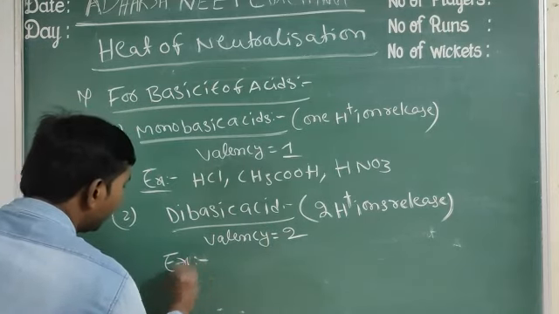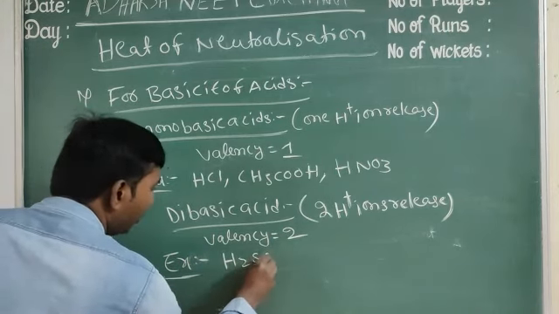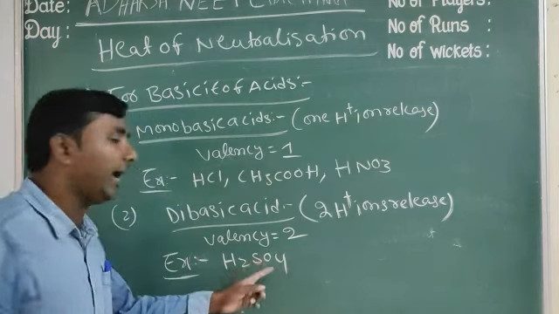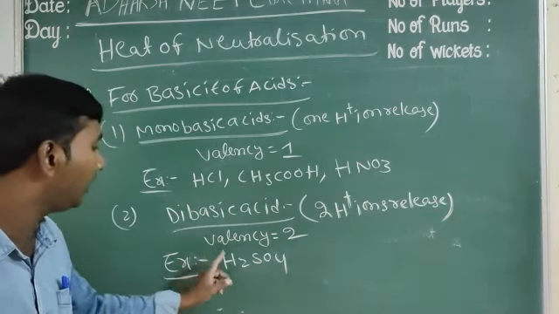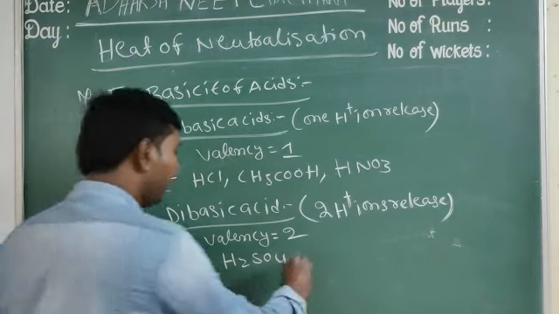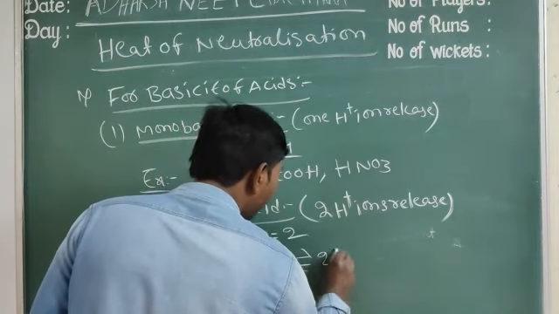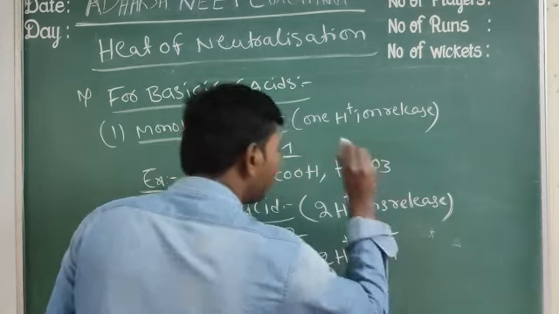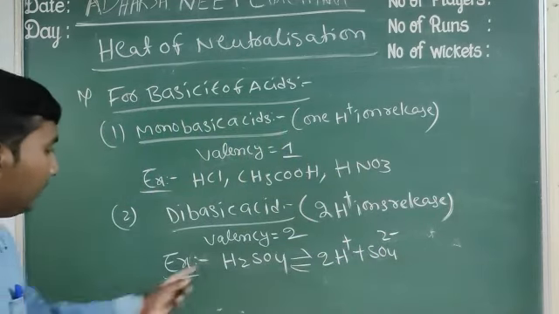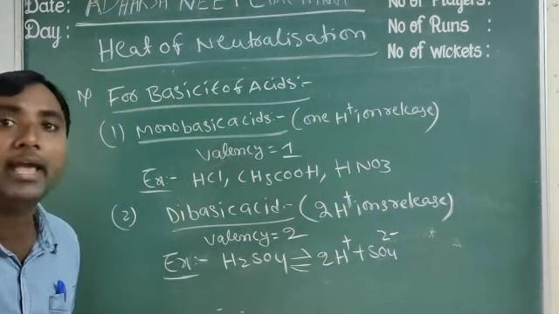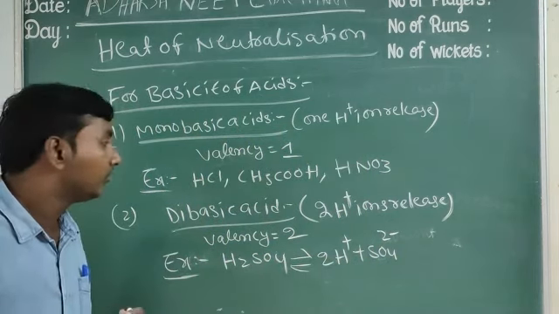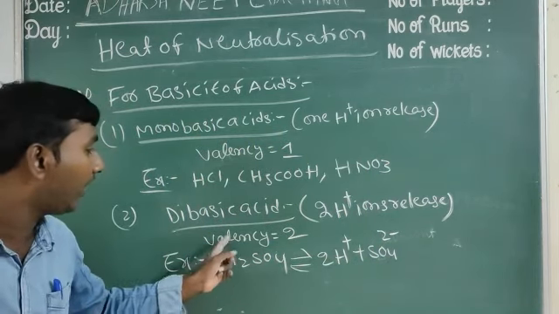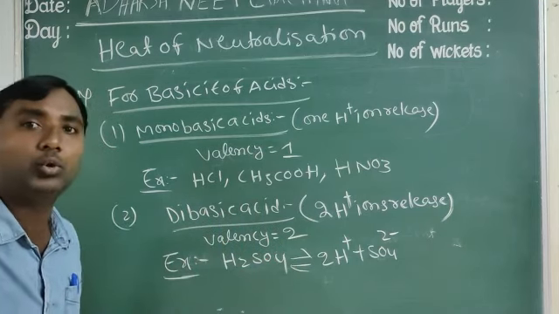Examples: H2SO4, sulfuric acid. Sulfuric acid is a dibasic acid. It produces 2 H plus ions, 2 H plus plus SO4 2 minus. So H2SO4 is a dibasic acid, and we consider the H2SO4 valency as 2.